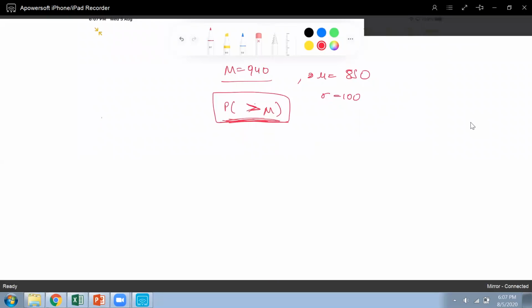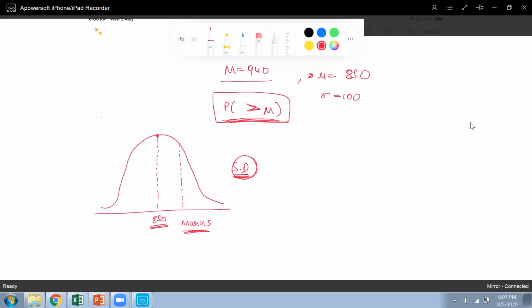Now I will assume the marks of all the students follow a normal distribution, where the mean is 850 and the standard deviation is 100.